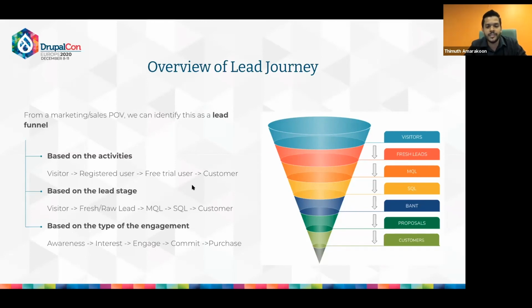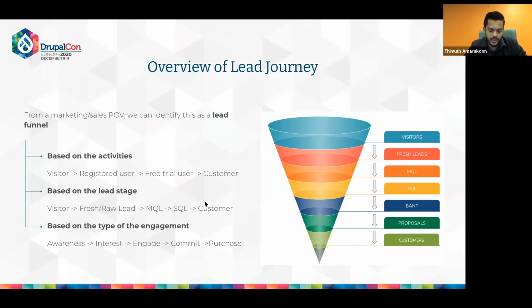Or maybe you can name the stages, the states leads are in. Like there's a visitor stage, and when they interact with your gated content, providing their email address, you can call them a lead. If they're interacting with you first time, you can call that a fresh lead, and they will convert into marketing qualified leads or sales qualified leads, and then become customers.